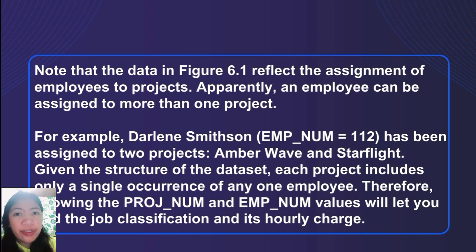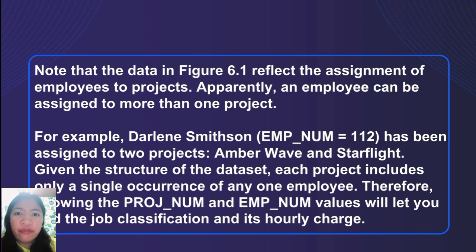Apparently, an employee can be assigned to more than one project. For example, Darlene Smithson, whose employee number is 112, has been assigned to two projects, Amber Wave and Starflight.